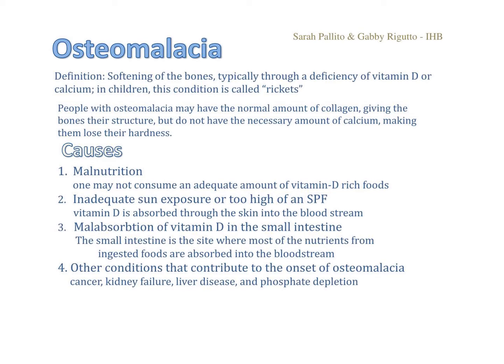And because of that, you can develop osteoporosis or osteomalacia, a softening of the bones.